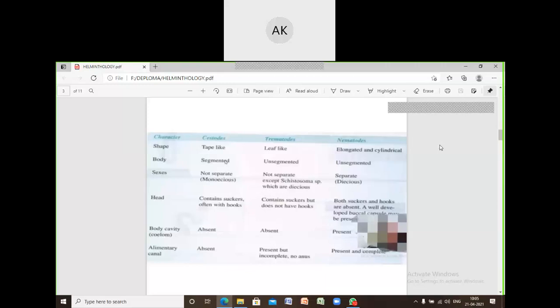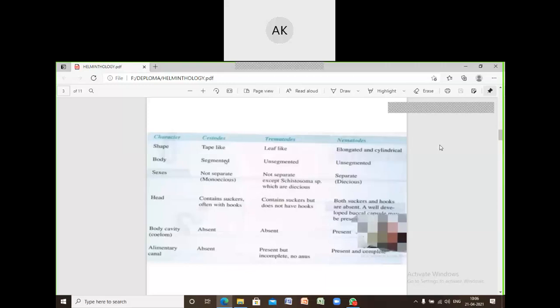But in nematodes, check the body cavity portion: the body cavity is present, and they are unsegmented and have a proper body shape. So even the alimentary canal is present, properly present and complete. Understand? Till that it is clear?